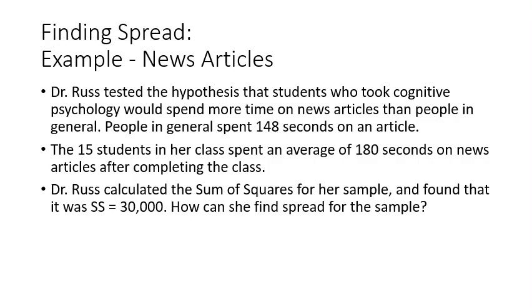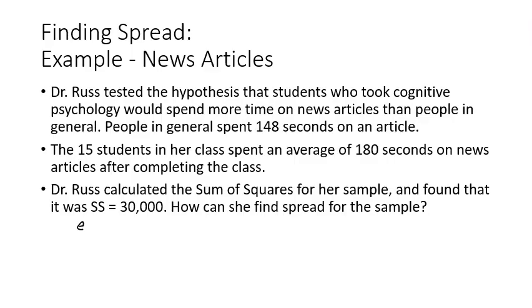So here we have our problem. We're going to find out how we can find spread for the sample if we know that our sum of squares is 30,000, working with a nice round number. The way to figure this out is to first calculate our variance. In this case, we can't calculate our variance directly. We have to estimate our variance based on the degrees of freedom.